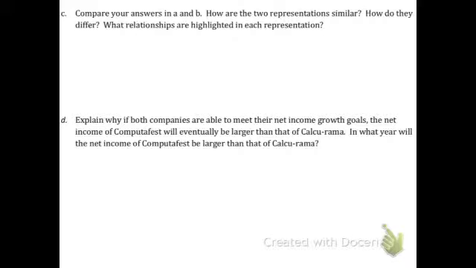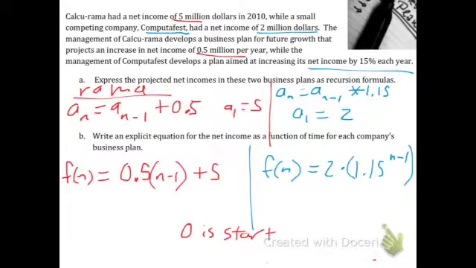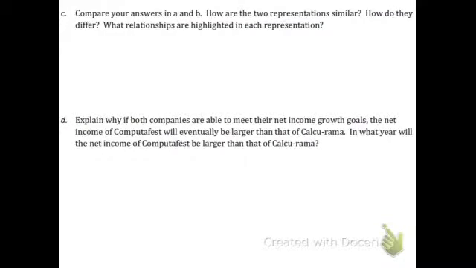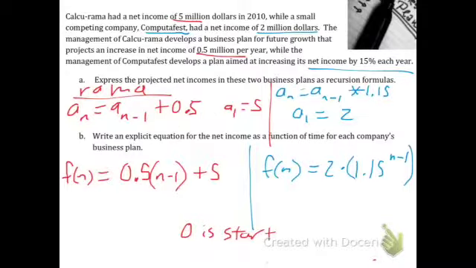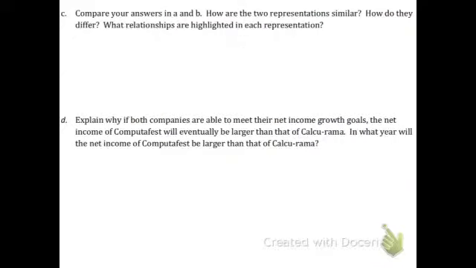And you make your own choices on the answers here. They're similar because this one has 1.15 and 2, this has 1.15 and 2. This one has the 0.5 and 5, 0.5 and 5, so they have some similarities. They're different just based on their setup. Like recursive ones have 2 equations, explicit have 1. Those are all things you can write here.